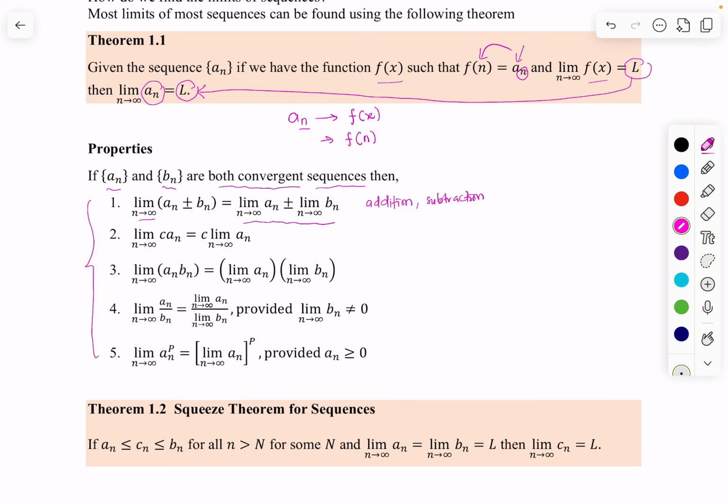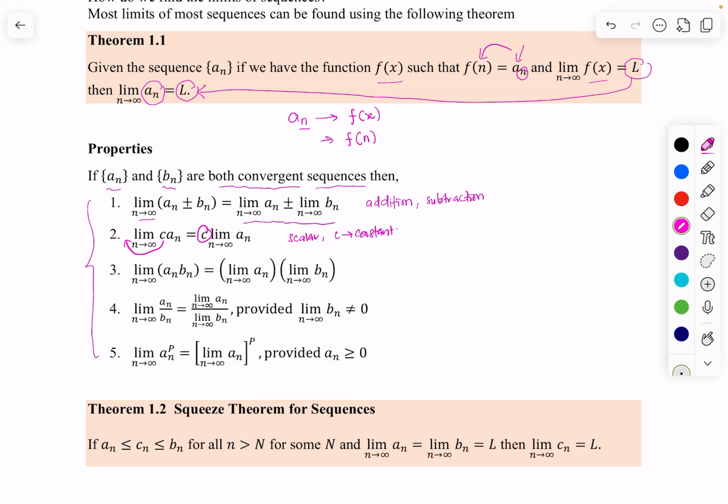Okay, second one, this is regarding the scalar c, where the c here is actually a constant. Scalar c is a constant. So when you want to find the limit of a certain constant multiplied with this sequence, like c multiplied with the sequence an as n approaches infinity, you can always bring this c outside of the limit, because this c is a constant and it doesn't involve any value of n, so you can bring it outside.